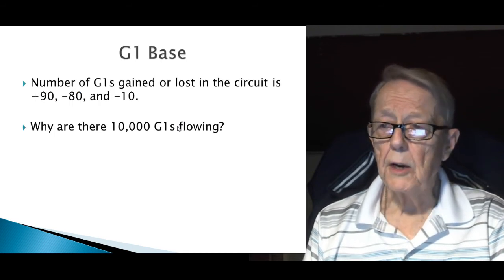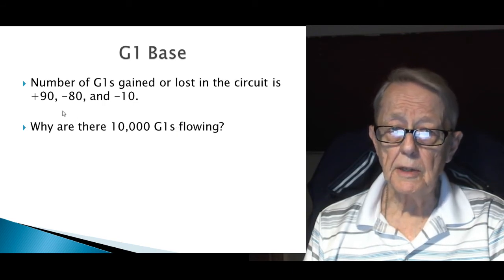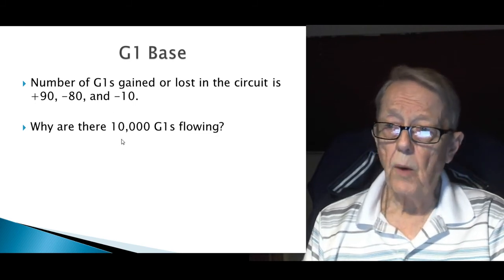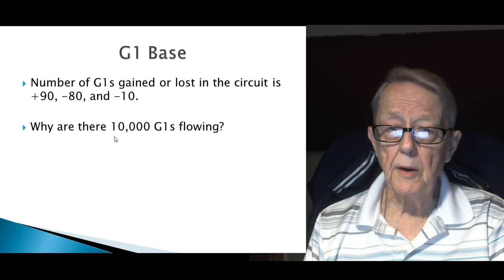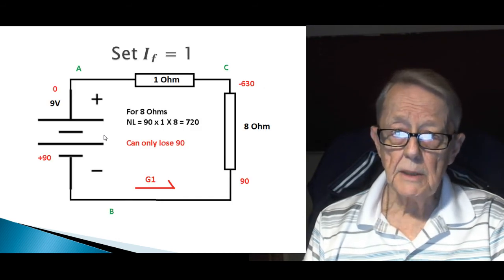So there's what I call a G1 base. The number of G1s gained or lost in the circuit is 90, plus 90 through the battery, minus 80, and minus 10. The question, why are the G1s flowing? Why are 10,000 approximately flowing through this circuit?